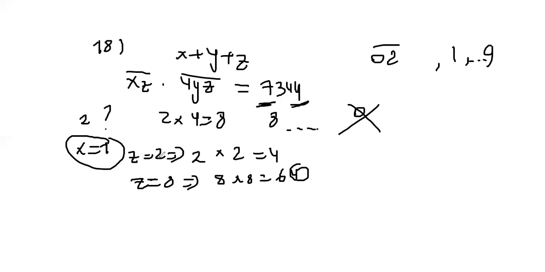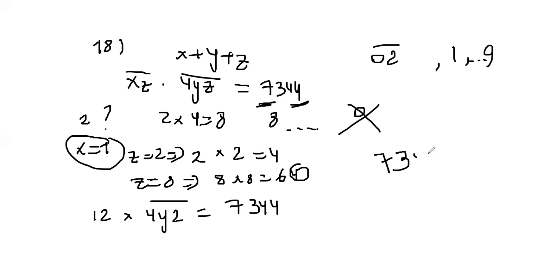So let's check these two numbers. Let's suppose it's 2. If it is 2, we know that x is 1. Then it's going to be 12 times 4y2 equals 7344. Now let's do here some trick. Let's divide 7,344 by 12.